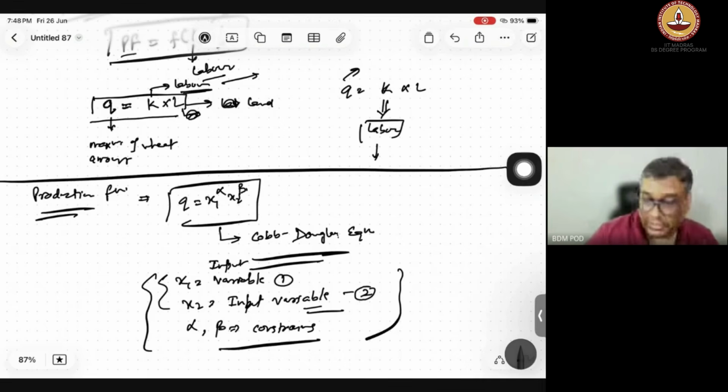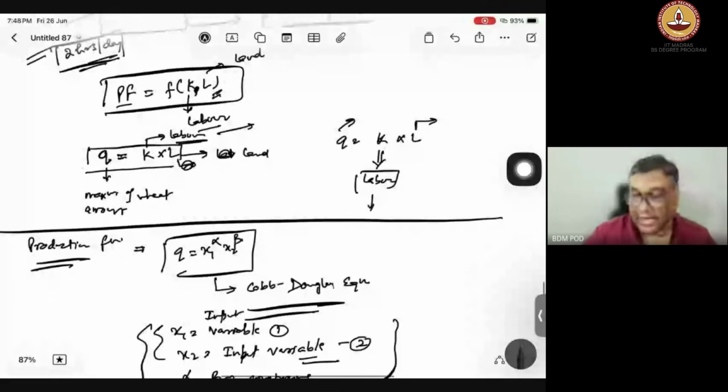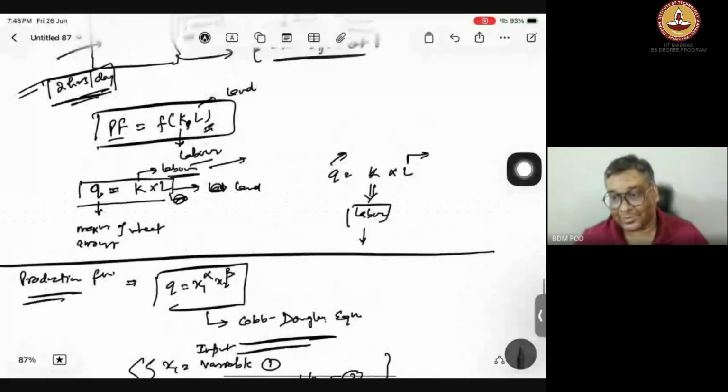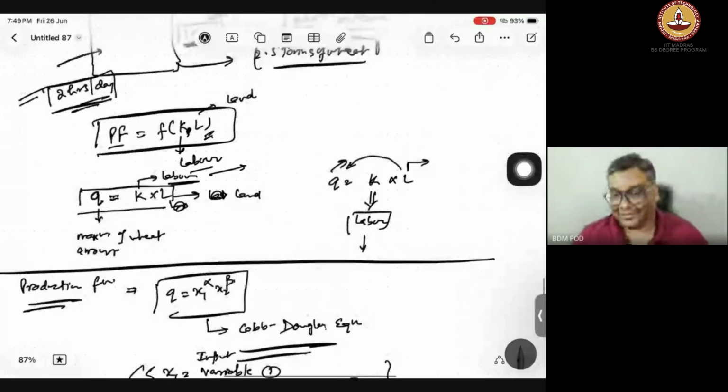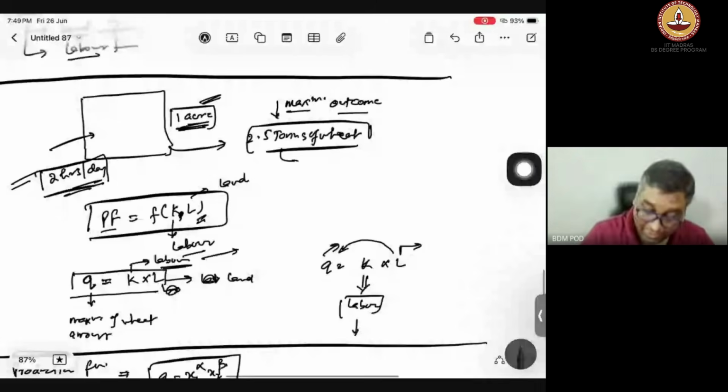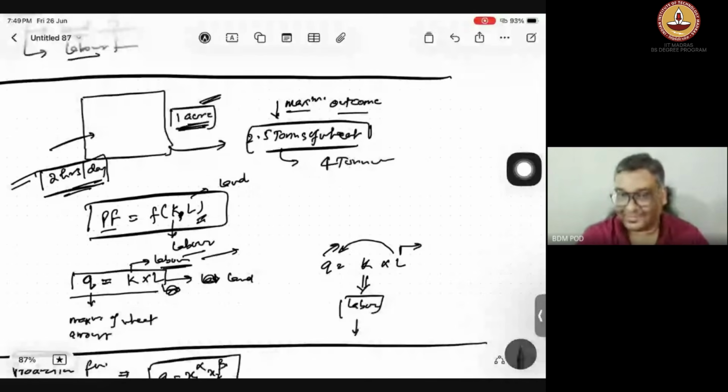If we are considering one fixed and the other we are varying, suppose we have taken 1 acre, and if we are producing on 2 acres, the quantity is going to change. If you are taking 2 acres, you might get 4 tons of wheat. Got it?